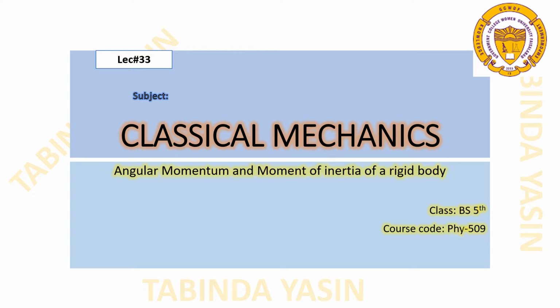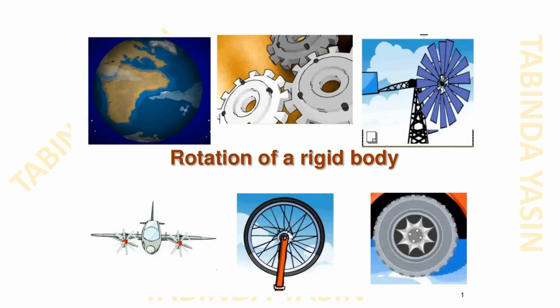We are going to discuss the angular properties of the rigid body, which are rotational. In kinematics we study the motion of objects which are in rotation as well as in translational motion. We are going to start with the rotation of a rigid body.